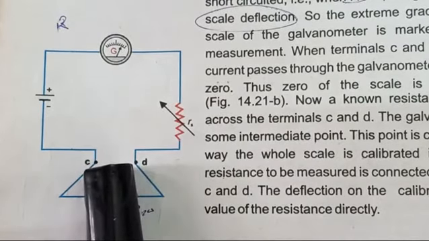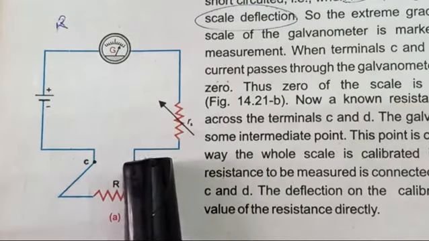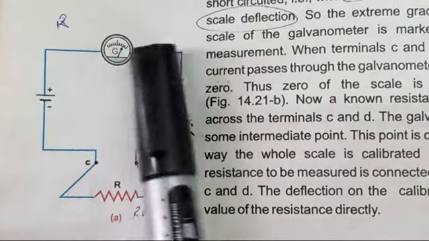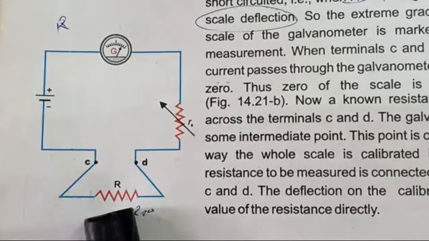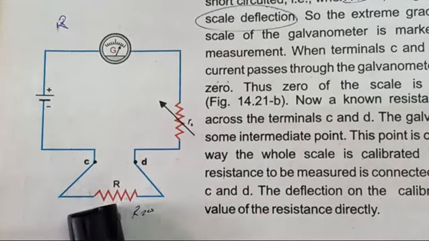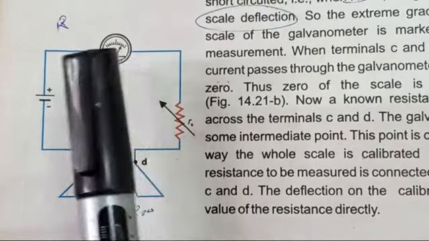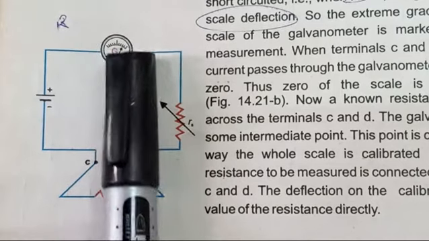When C and D are not joined, no current passes through the galvanometer and its deflection is 0. Why? Because now the current, this is the direction of current, is passing through this resistance. So when terminals C and D are not joined, no current passes through the galvanometer and its deflection is 0. The 0 of the scale is marked as infinity.